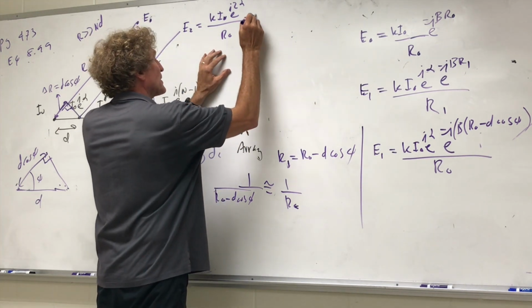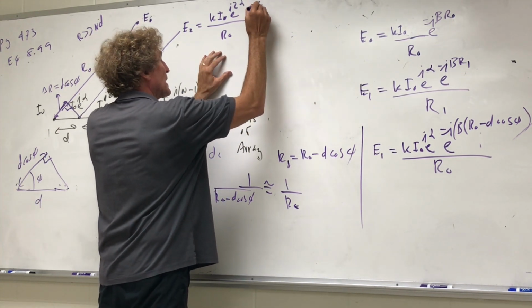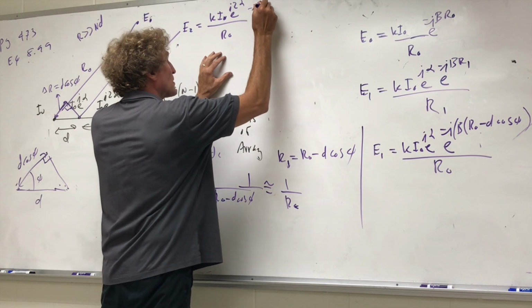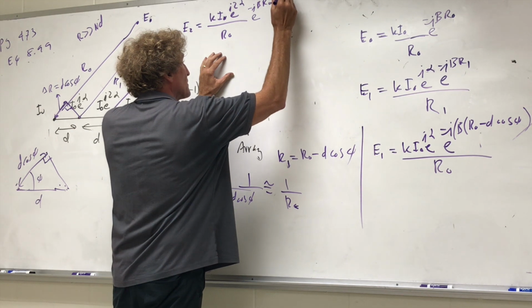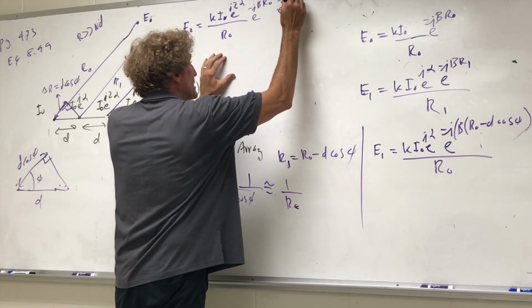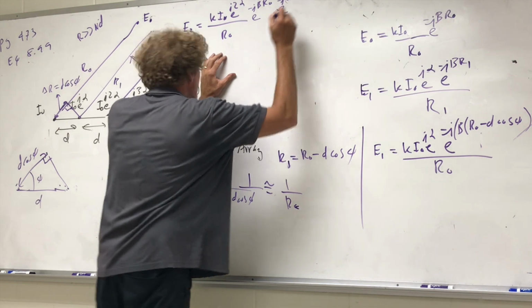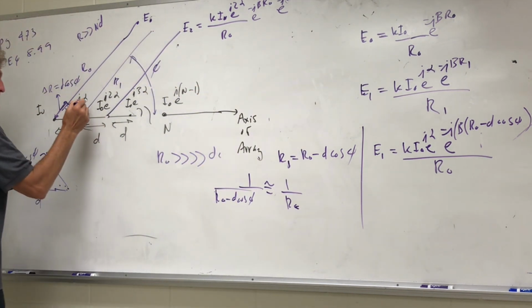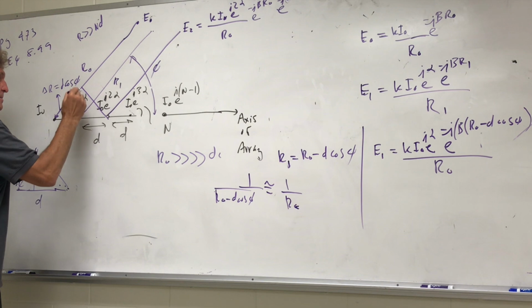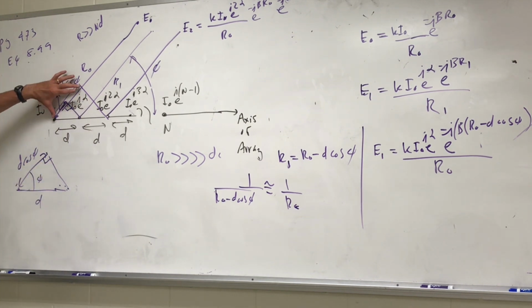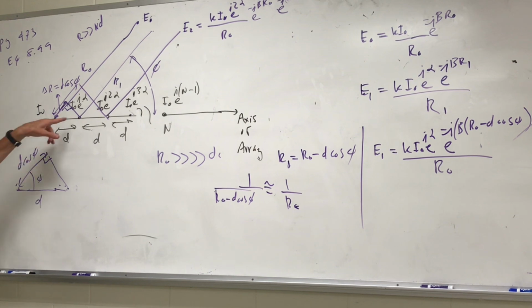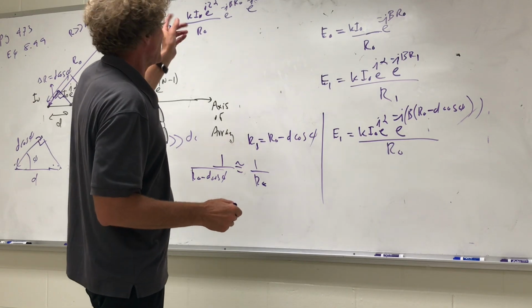And then we're going to have e to the minus j beta times r naught, but it would be e to the minus j beta, and then it would be 2 beta d cosine of phi, wouldn't it? Because now if you look here, the path difference compared to the actual distance there is really going to be simply 2d cosine. So that would be E2.